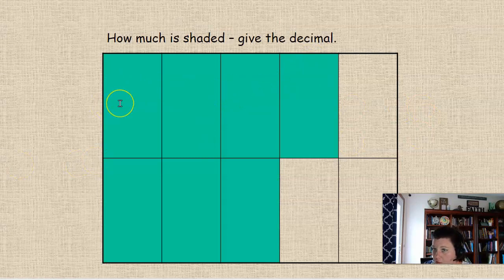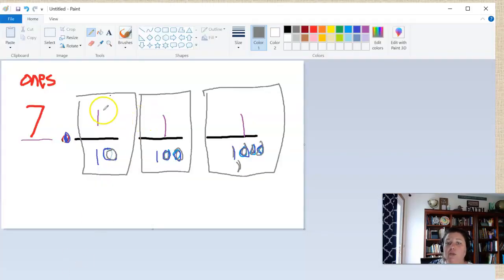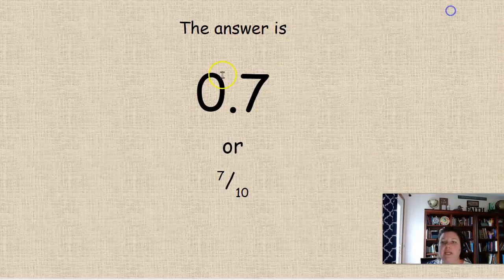Give the decimal. 1, 2, 3, 4, 5, 6, 7 out of 10. 7/10. So that means I'm going to have 0.7 or a 7 in the tenths place, or 7/10. Remember, if you have a number in that value, it's in the tenths place.